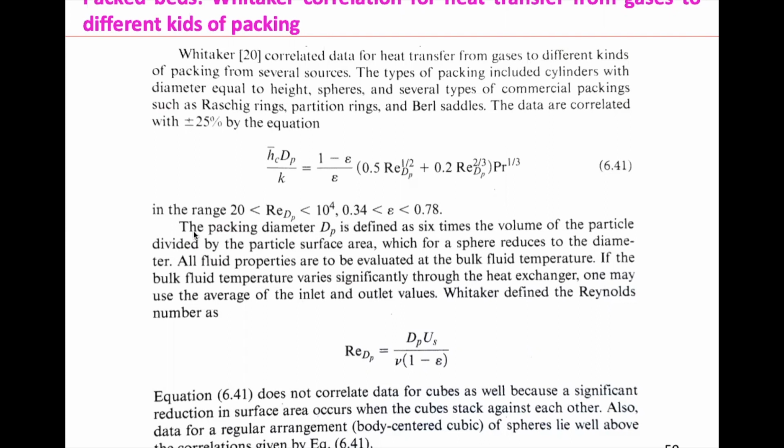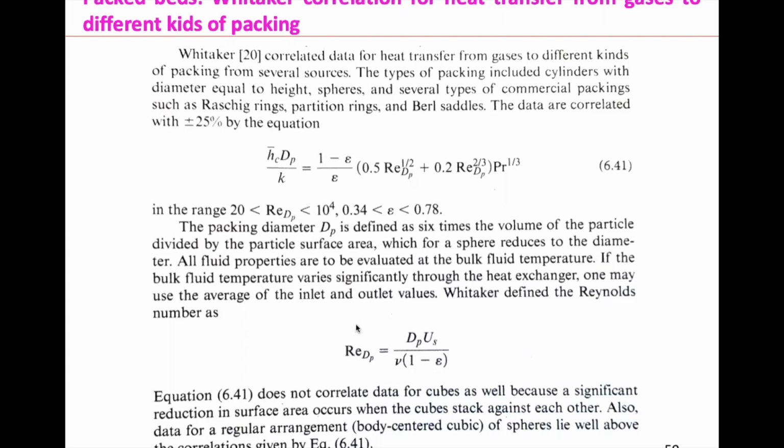Whitaker defined the packing diameter as 6 times the volume of the particle divided by the particle surface area. So that would be your dp, or diameter of the particle. And Whitaker defined the Reynolds number with this equation.